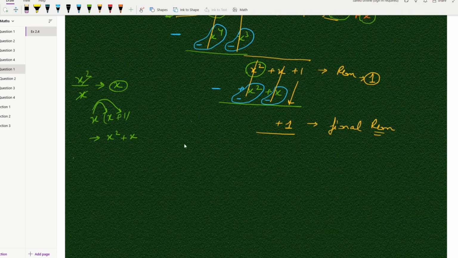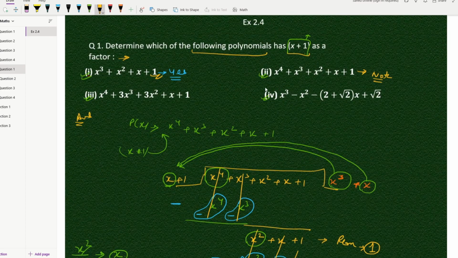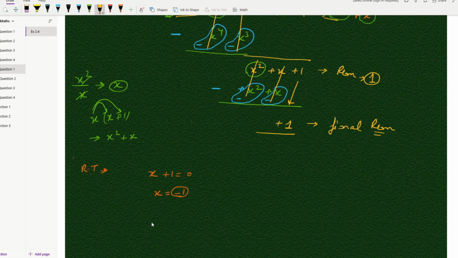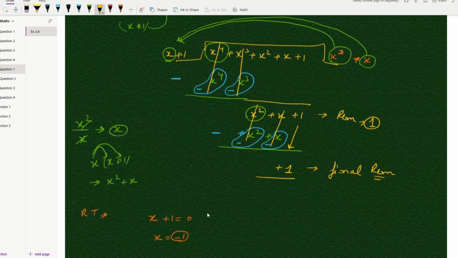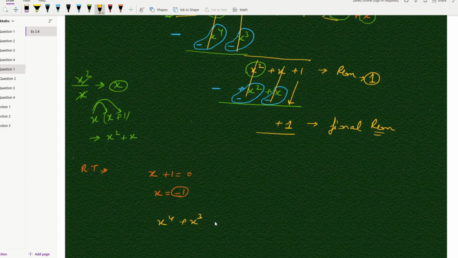ये जो हमने लॉन्ग डिवीज़न मेथड किया इसके बाद हमारे पास एक शॉर्टकट मेथड भी है, that is known as remainder's theorem. सो रिमाइंडर्स थ्योरम वाला जो मेथड है इसमें क्या करेंगे, we will just equate the value of divisor to 0. सो एक्स की वैल्यू यहाँ पर आ जाएगी -1, और इस -1 को हम रिप्लेस कर देंगे in the whole dividend. So that is x⁴ plus x³ plus x² plus x plus 1. अब इसमें वैल्यू रिप्लेस कर दीजिए.